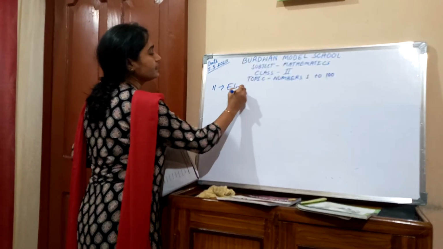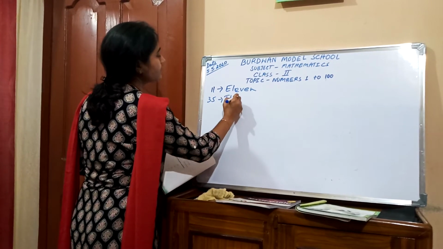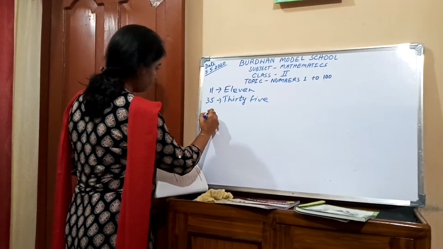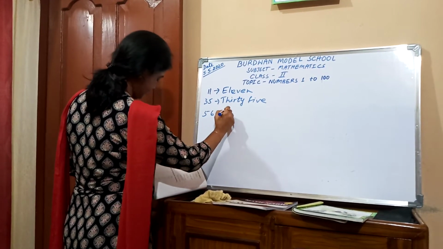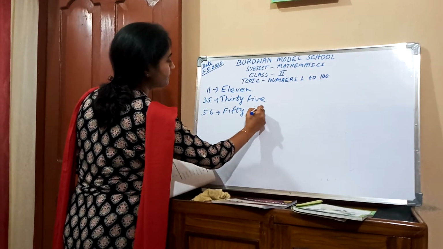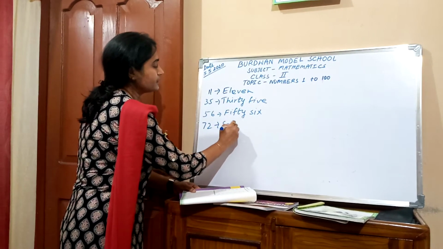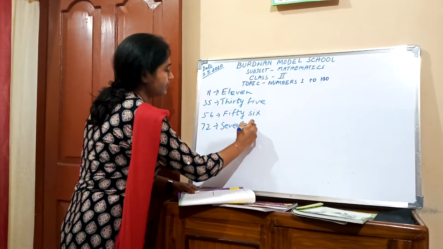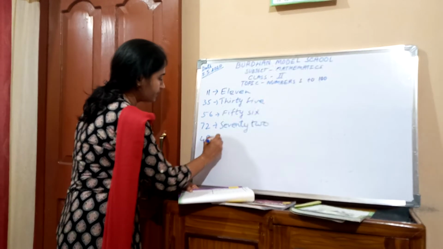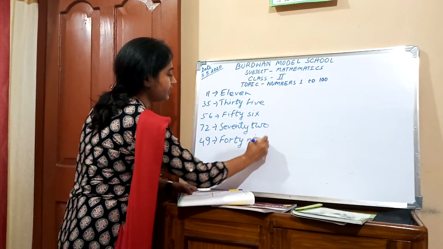11, ELEVEN. Then 35, THIRTY-FIVE. Next is 56, FIFTY SIX. 72, SEVENTY-TWO. Next is 49, F-O-R-T-Y, N-I-N-E.